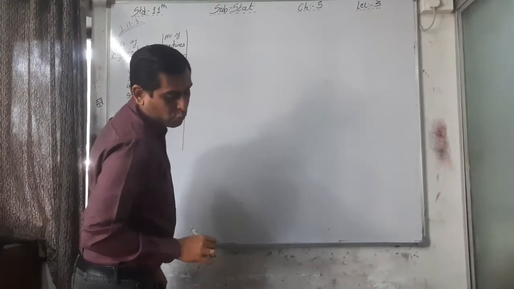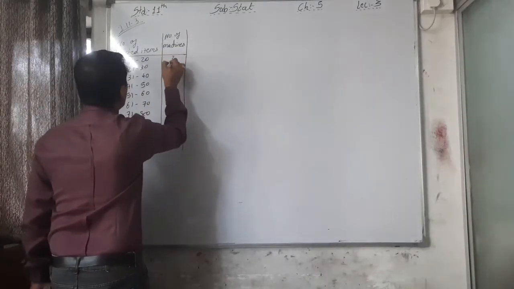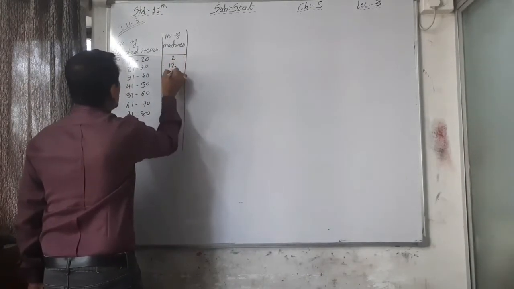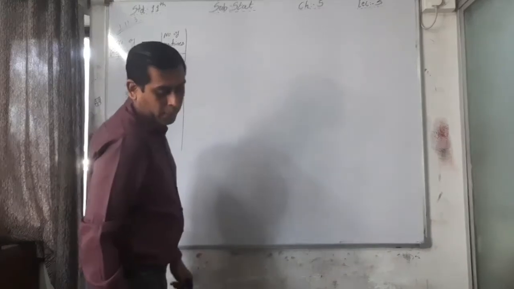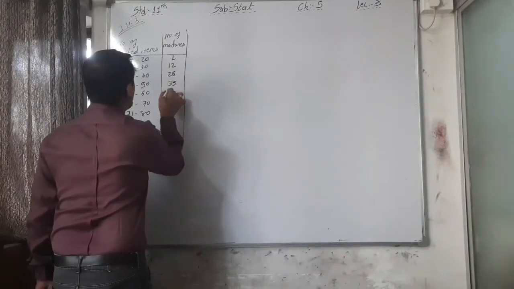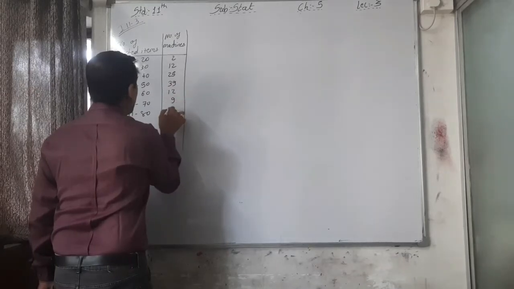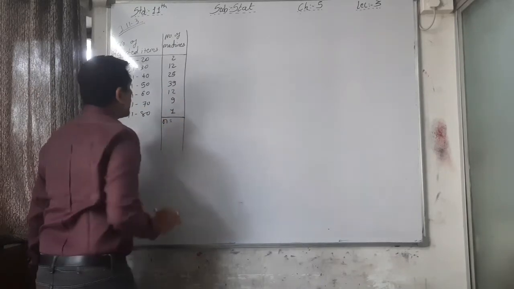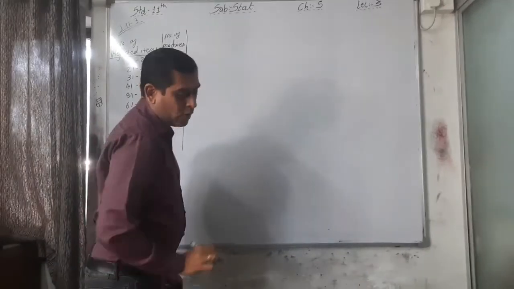Now the frequencies: 2, 12, 25, 39, 12, 9 and 1. Total n is equal to 100.